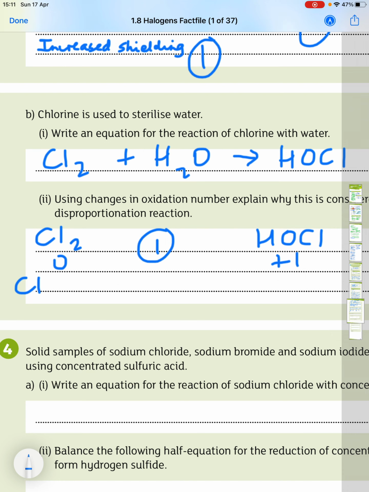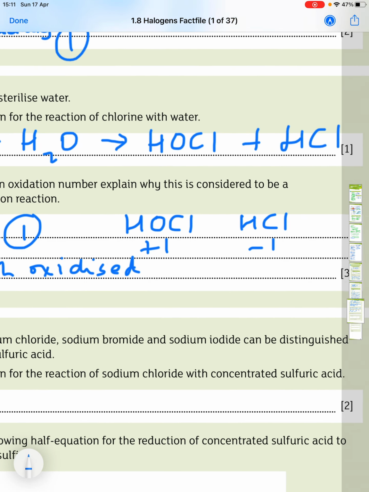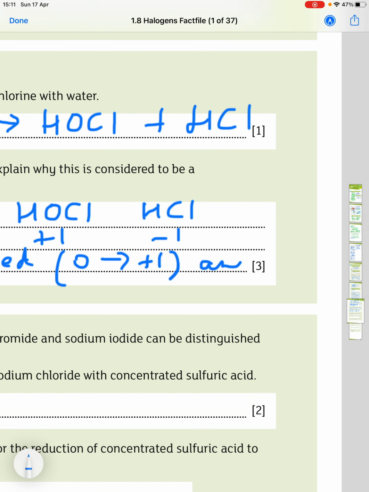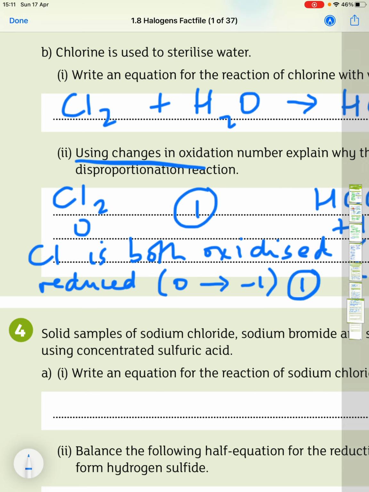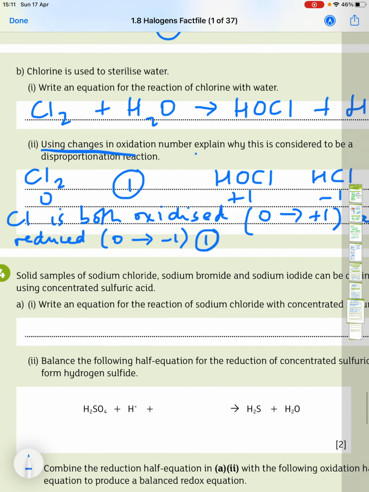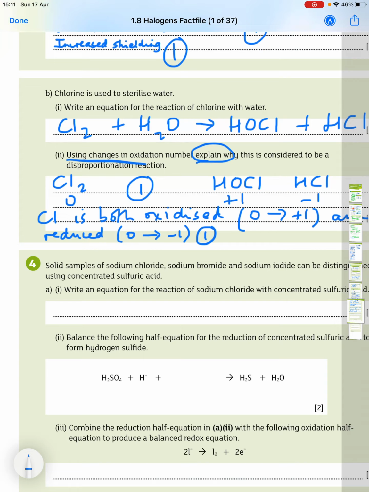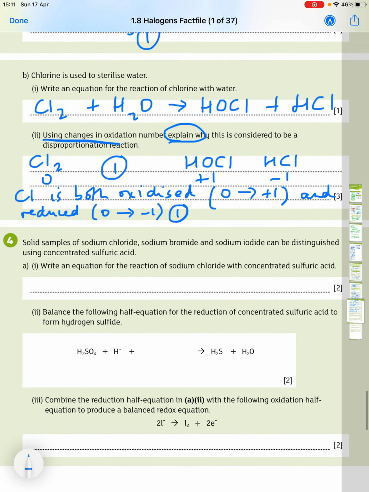And then if you say that chlorine is both oxidized from 0 to +1 and reduced from 0 to -1, that's your second mark. So you're using the oxidation number, you're stating what they are, and then you're explaining as well.